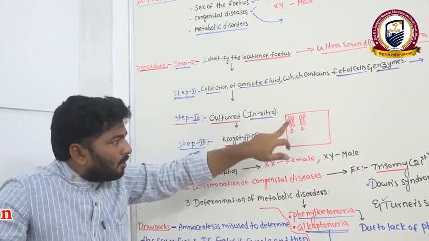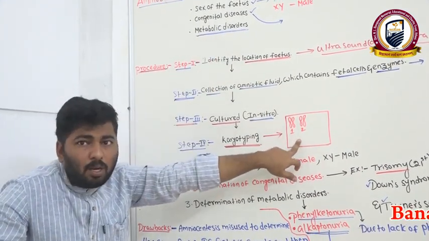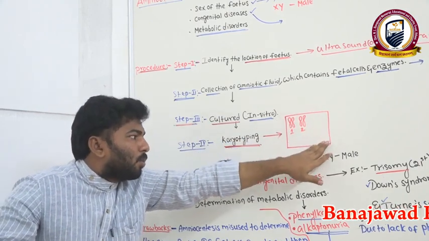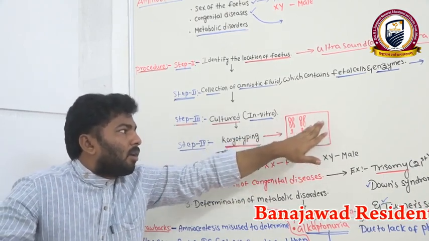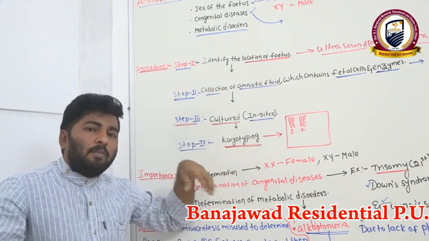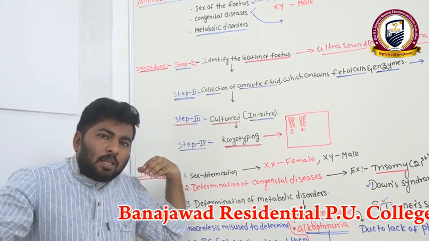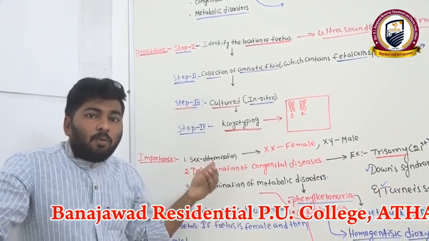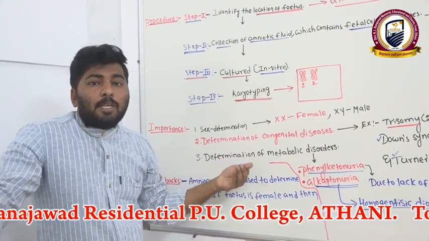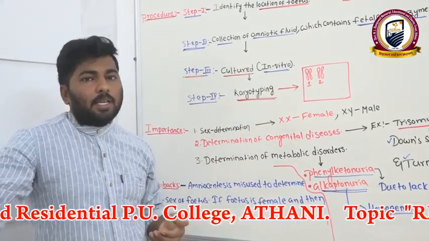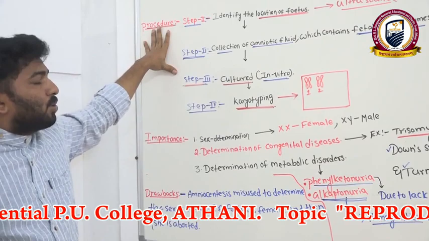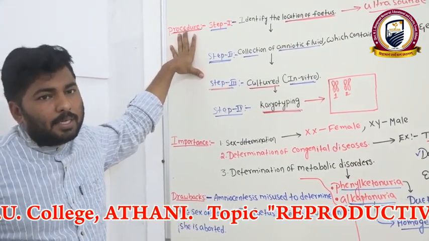Metabolic disorders we are identifying by using chromosomal pattern. We check whether 23 pairs of chromosomes are perfectly present or not, and if not presented properly, what kind of defect is present in the baby. Clear? This is the procedure of amniocentesis.